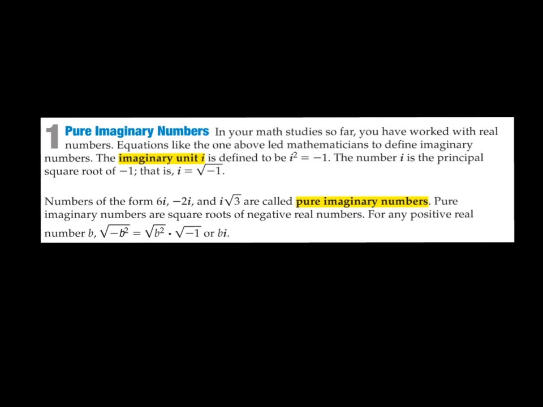So I know that sounds a little bit convoluted at this moment, but the main thing I want you to get from this is that i equals the square root of negative 1. Okay? That's what I want you to get. And that i squared equals negative 1. That's what I want you to understand from this so far.